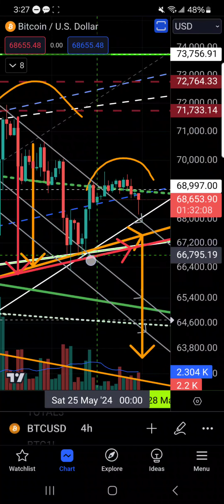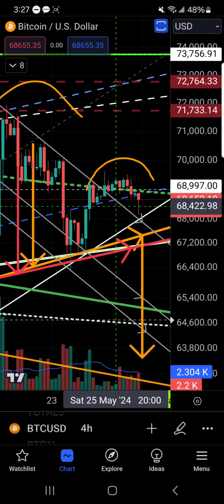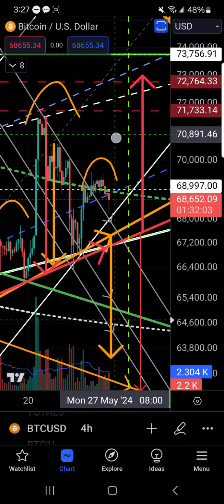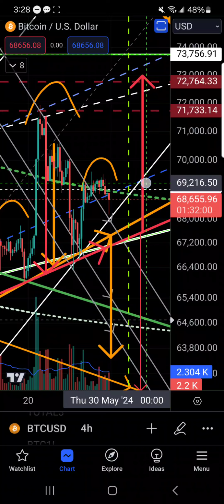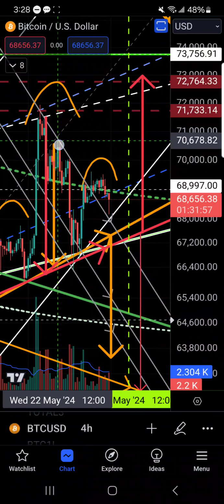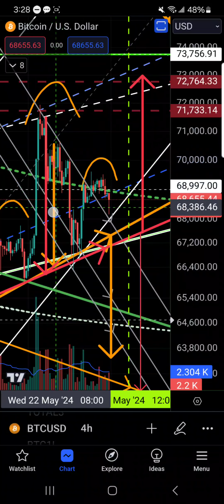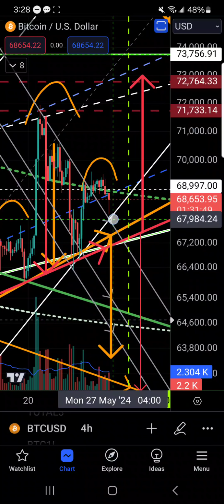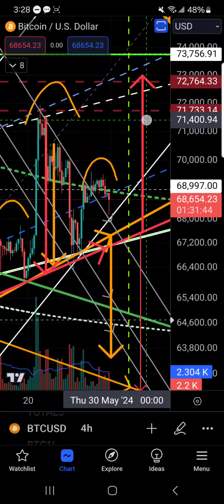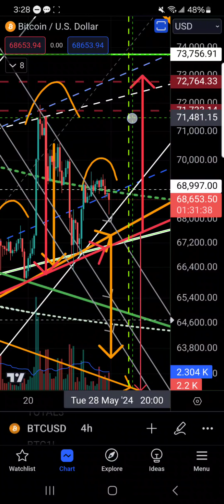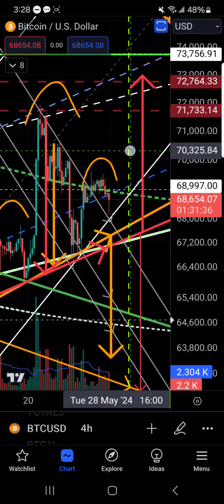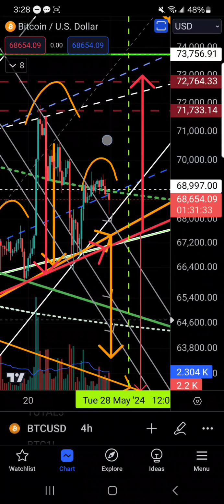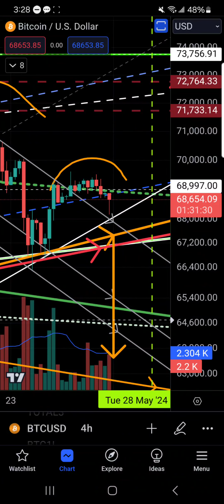And that keeps us inside our upwards sloping parallel channel from the inverse head and shoulders, which is that white line right there. And it's actually a very nice, textbook bounce off of trading downwards in a parallel channel, breaking free, coming down, retesting the top of the channel for support, and pumping up from there. So this very well could be a move to the upside when the Asian markets open. That's one way to go.